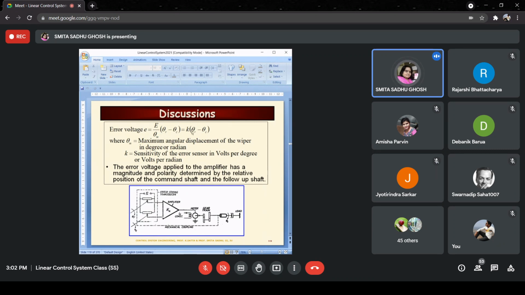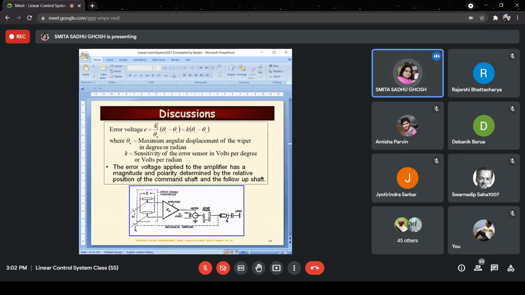So it can also be written in this form, that is some constant into theta r minus theta c, because the maximum displacement which can take place is constant, it's fixed. The positions that we have as theta r and theta c, those are going to vary, but the maximum which you have over here in these elements, that is theta m, is going to remain a constant.